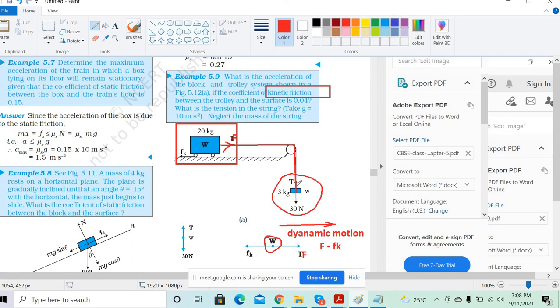And the rope is exerting a force in the upward direction. That is the tension. T is nothing but F only. So only two forces are acting here: one in the downward direction, the other in the upward direction.